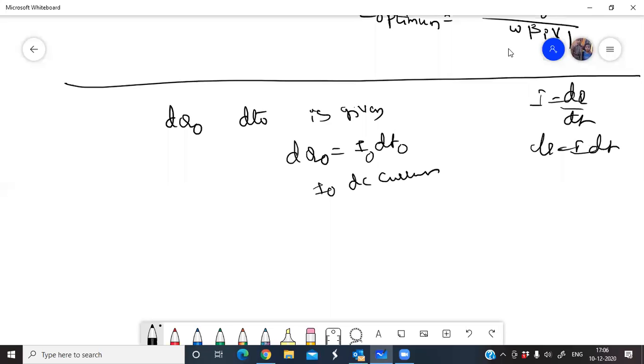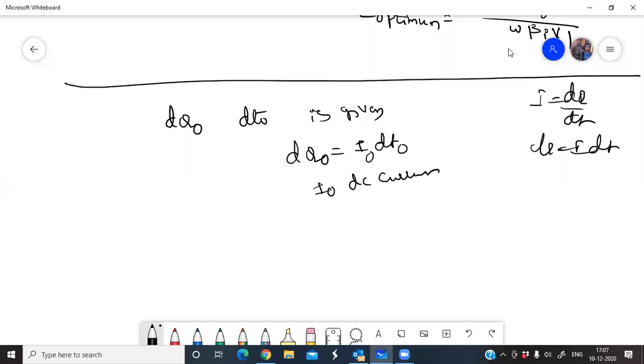Similarly, here I want to consider the conservation of charge. What is the meaning of that? We are neglecting the losses. The same amount of charge passes the catcher cavity. So dq naught is at the buncher cavity, and the same amount of charge passes the catcher cavity, but definitely it will take some time to travel from buncher cavity to catcher cavity.